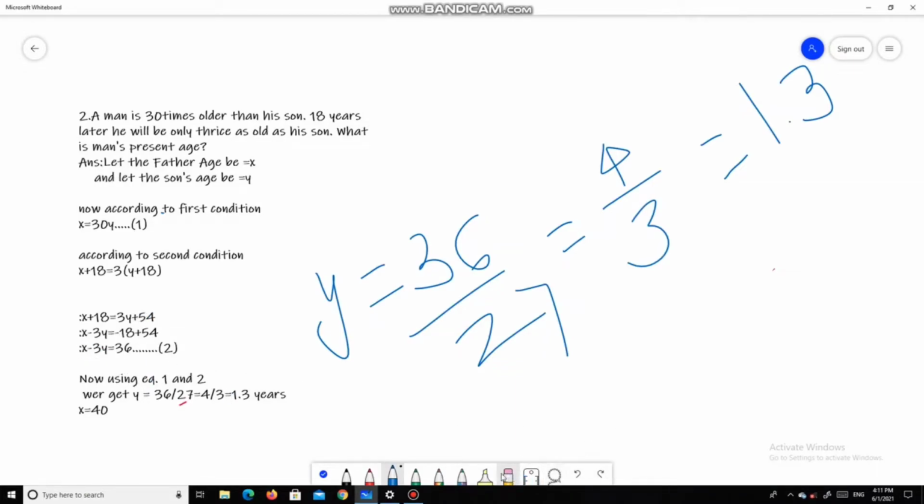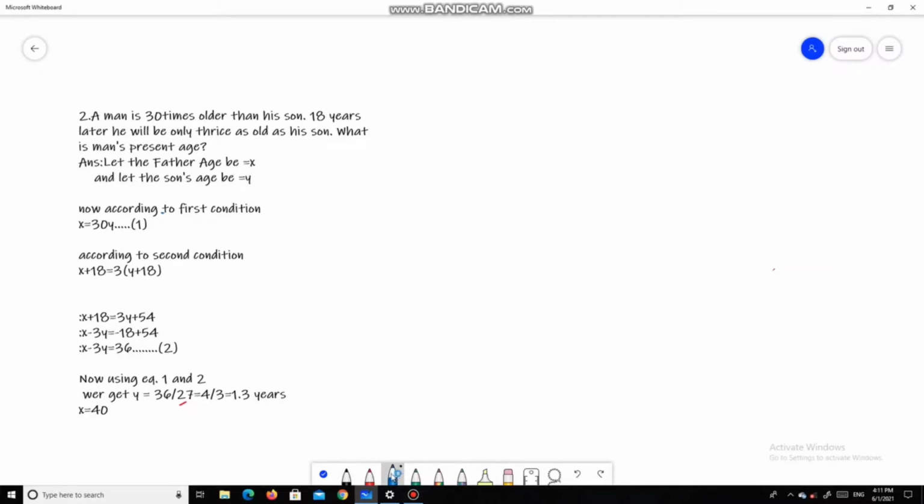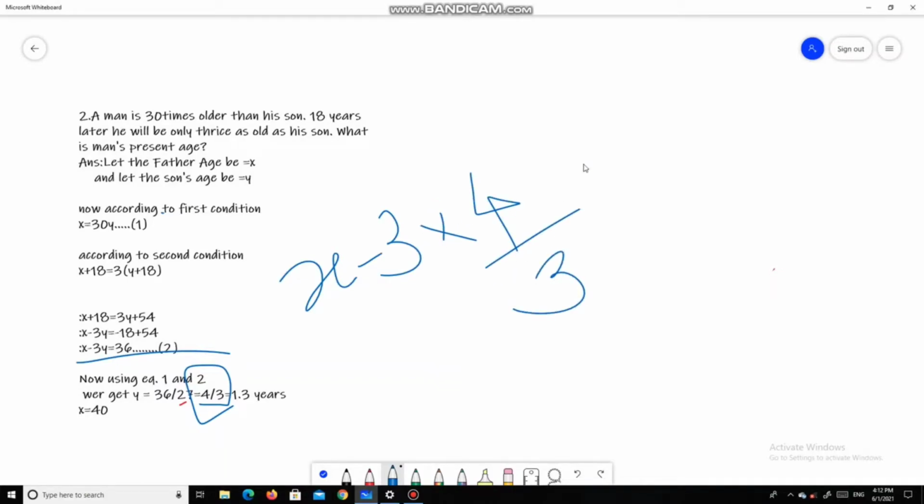I will show you. I will put in y's variable this 4 upon 3. So in this equation I will take x minus 3 into 4 upon 3, which is equal to 36.